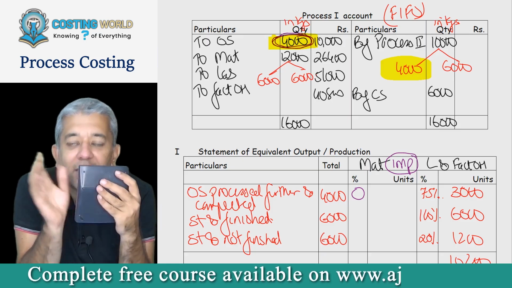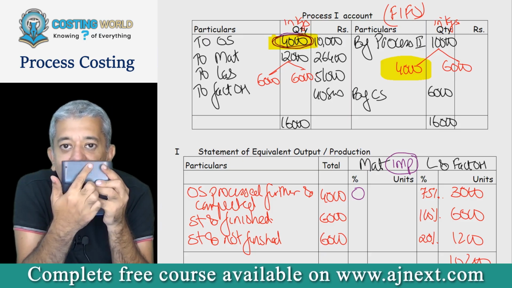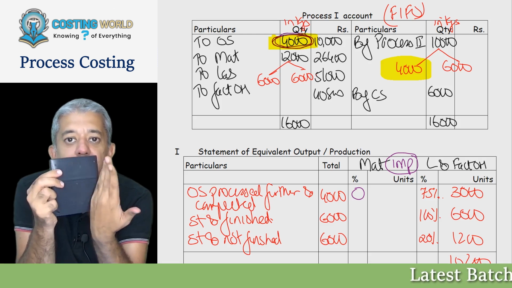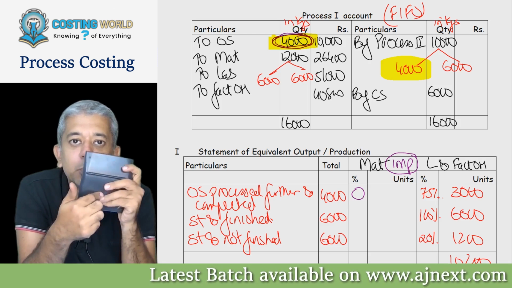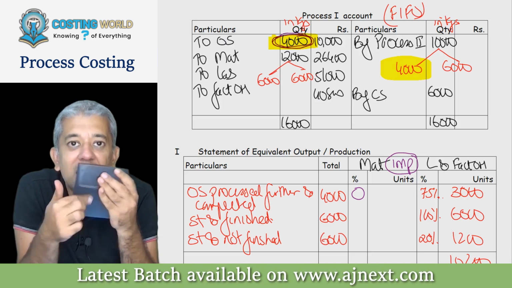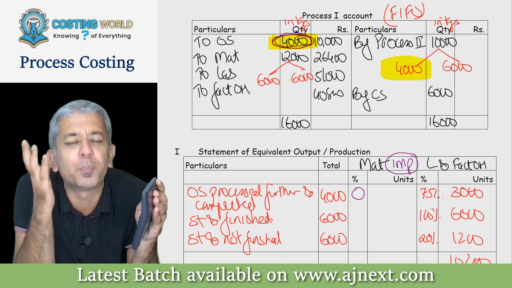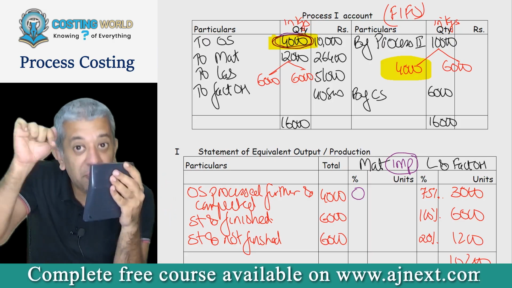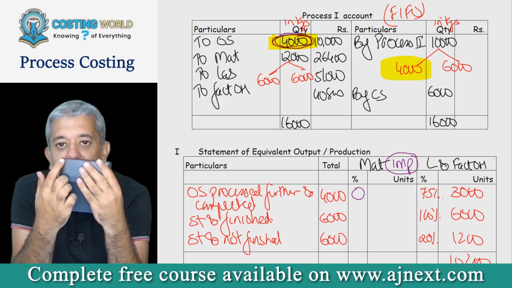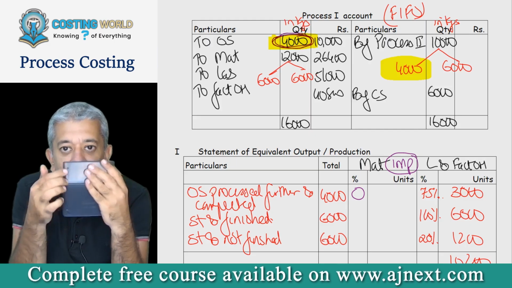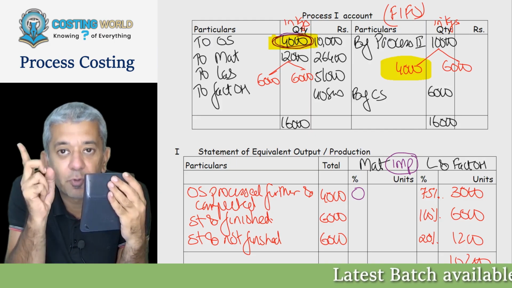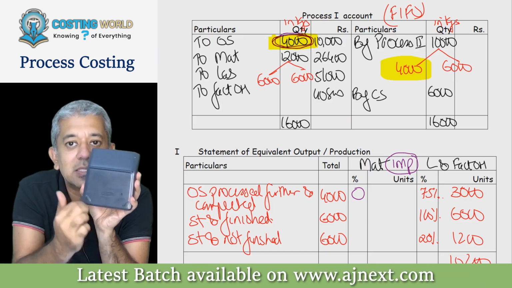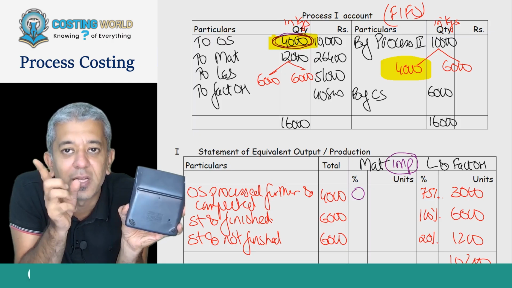Suppose at the beginning of this particular period, I have made this much of the calci. This side portion is yet to be made, this side portion has been made. Can we say still this half calci is 1 unit of opening WIP? Yes, sir. Now, if in this year, this half calci, which is still 1 unit of opening WIP, is completed into this complete calci, it will still require more materials, no?